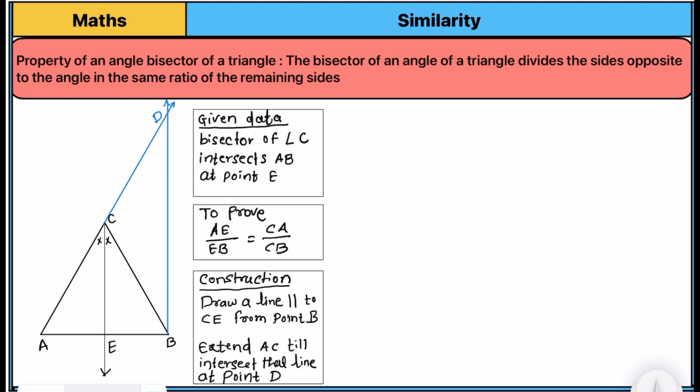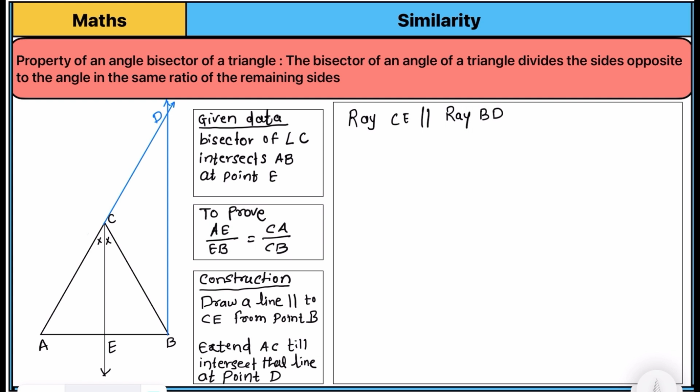So this is the additional construction we have made. Now let's move on to the actual proof. I have already explained ray CE and ray BD are parallel to each other, and if we consider AD as a transversal, then angle ACE is equal to angle CDB.